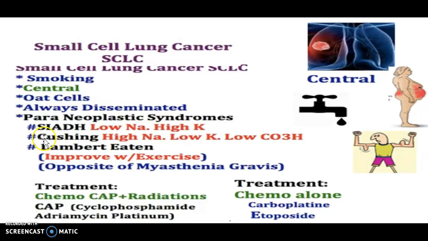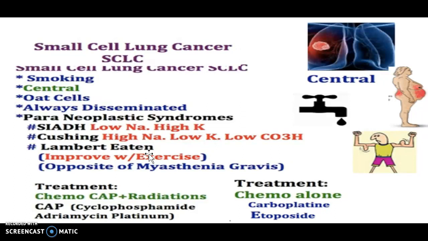Cushing, which is the opposite of SIADH, is characterized by high levels of sodium and low levels of potassium and bicarbonate. Lambert-Eaton is a dysfunction in the synapse of the nerve and muscle, the juncture of nerve and muscle, where there is a production of antibodies against voltage-dependent calcium channels.